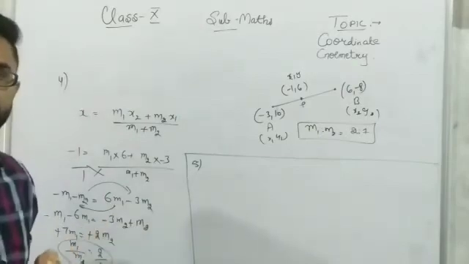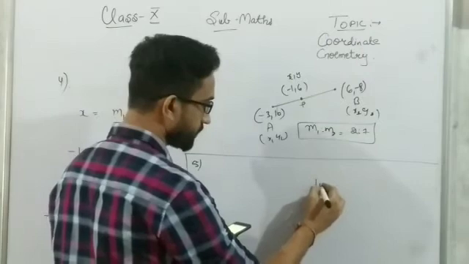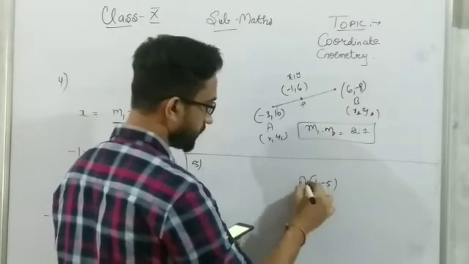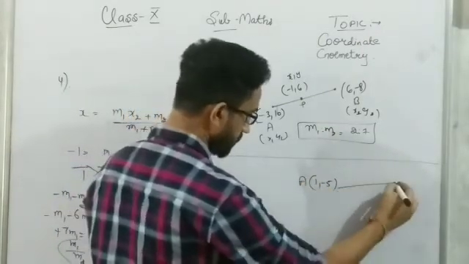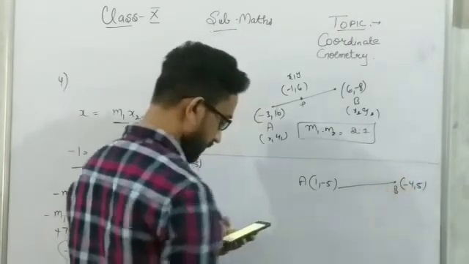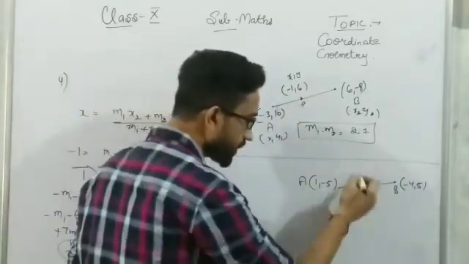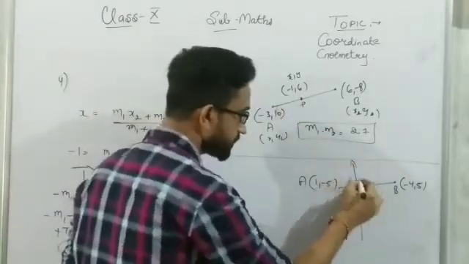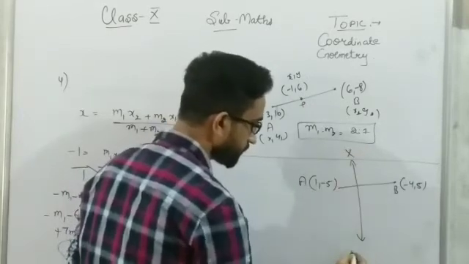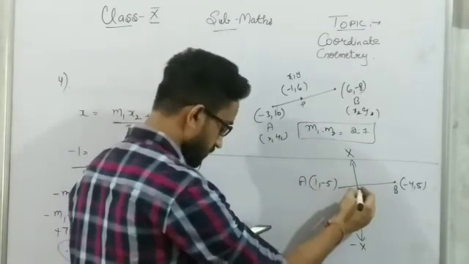It says: find the ratio in which the line segment joining A, that is (1, -5), this is our A point, and B, that is (-4, 5), is divided by the x-axis. This is getting divided by some axis. Let's say this is our x-axis. We have to find the ratio.